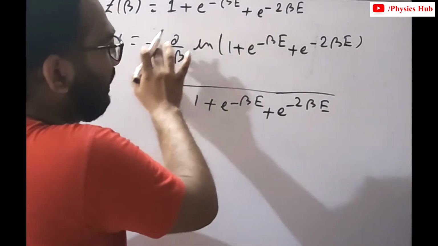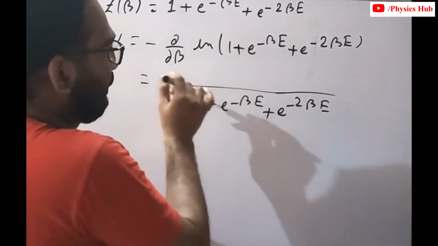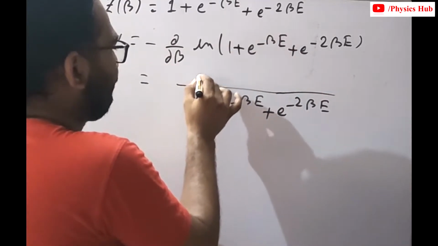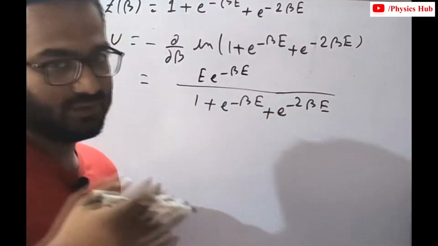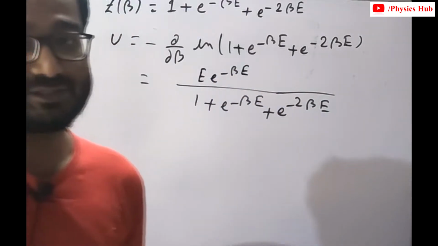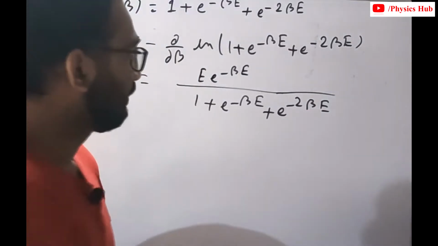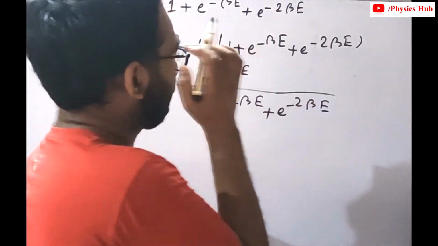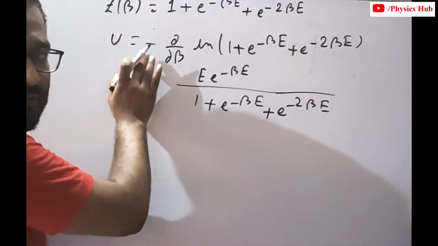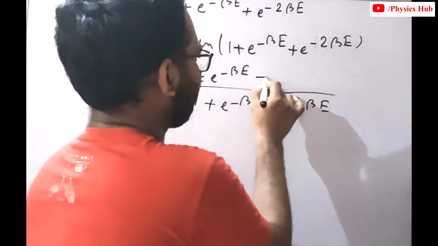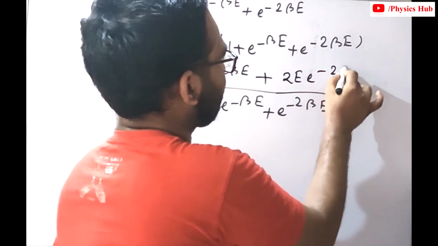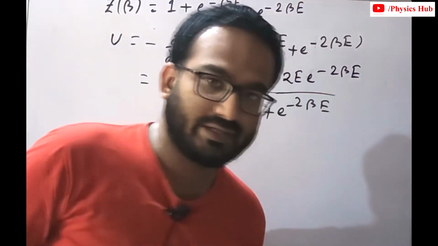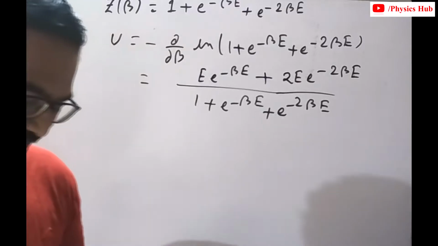One minus is there, and from here we get minus E, so it becomes plus E, e to the power minus beta E. We are taking the derivative with respect to beta, so E is treated as a constant. For this term also one minus will come, absorbed with the other minus, and it turns out to be plus twice E e to the power minus twice beta E. So this is the required expression of internal energy.